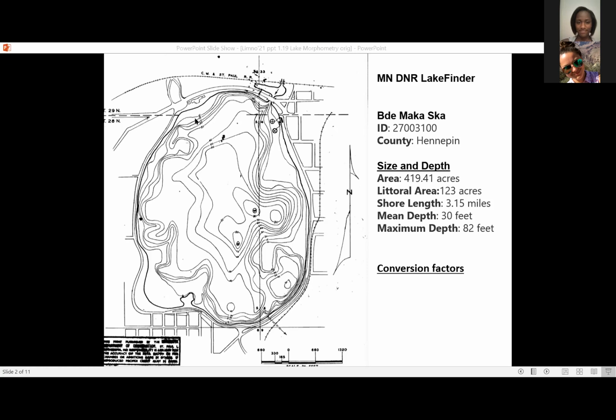Only beyond the 10-foot line, most of the lake includes water that's 10 to 20 meters deep, and then between 20 and 30 meters deep.